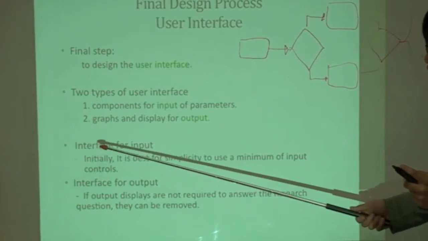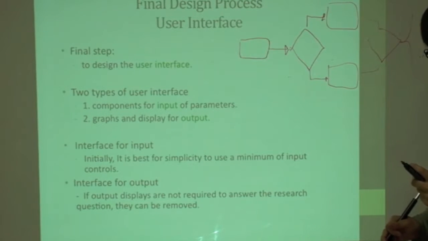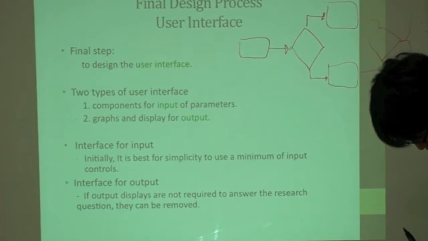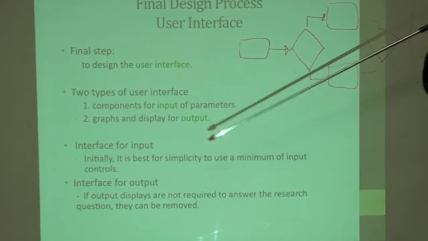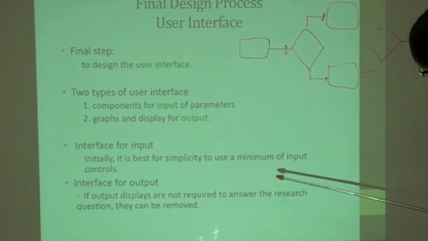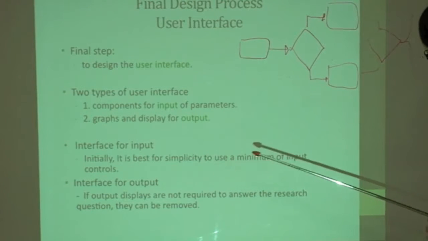The first one is the interface for input. Initially, it is best for simplicity to use the minimum of input controls. And once you understand this simple behavior, you add more input parameters.